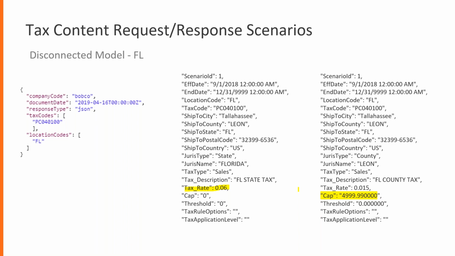Hey, Bob, we have a question from Raymond again. Is the threshold for all transactions in the state or per each individual sale? So this is per location, per sale.